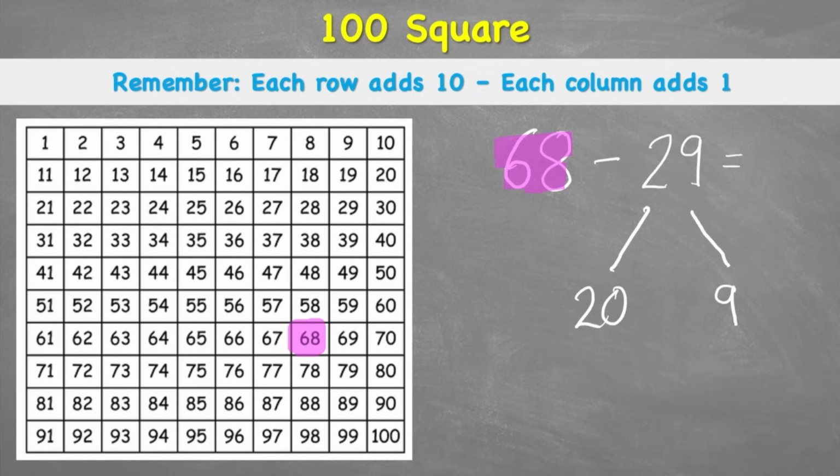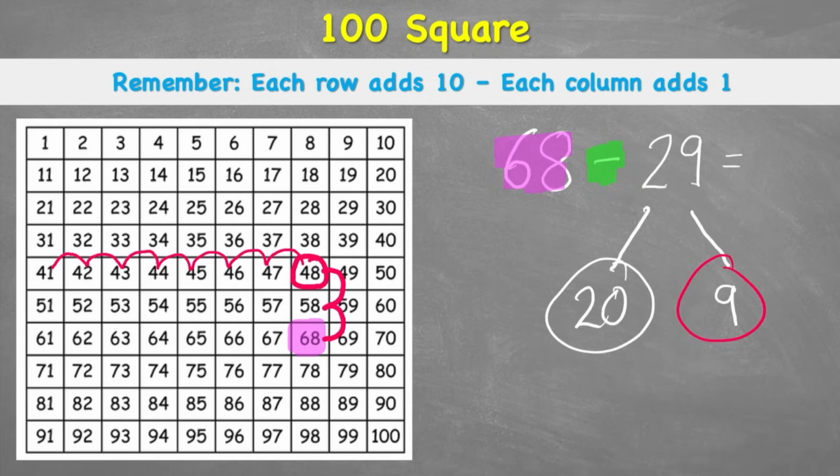But remember, this time we are subtracting, which means we're coming back down our 100 square. So let's start with my 20. And again, rather than counting out 20, I'm just going to jump 1, 2 rows to 48. Now I'm going to subtract 9 and say 1, 2, 3, 4, 5, 6, 7.